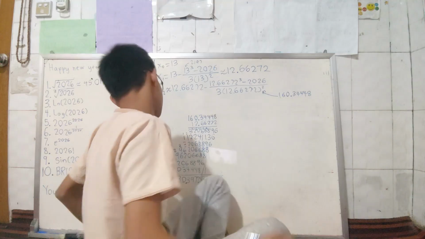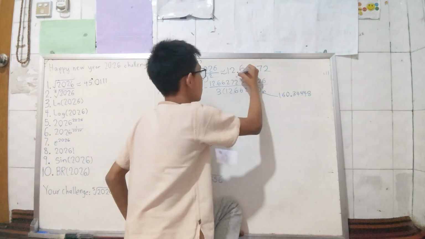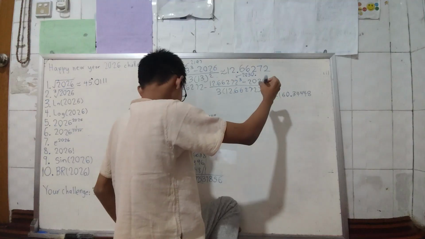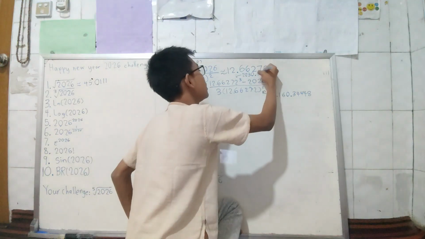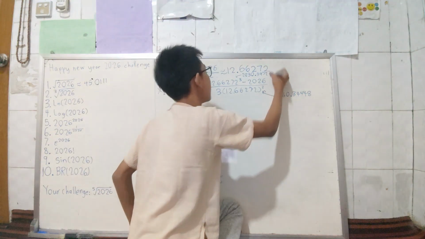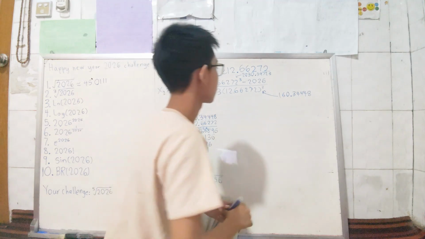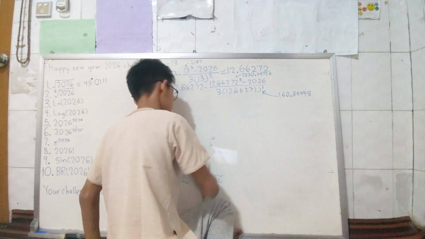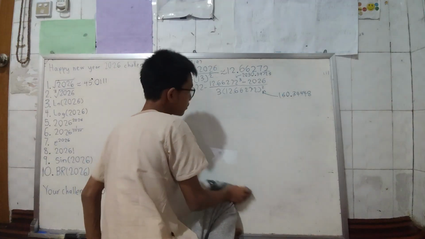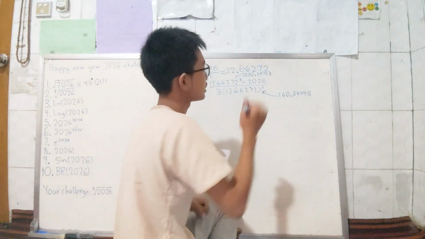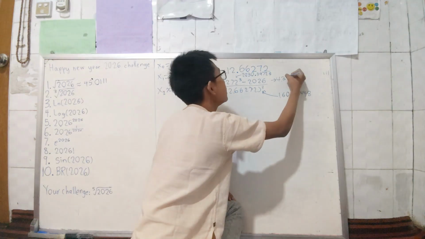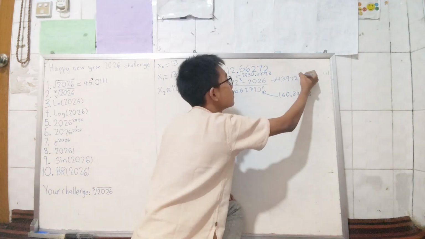So the cube one, that's going to be 2030.39725, blah blah blah. So if we subtract it, we get like 4.39725.